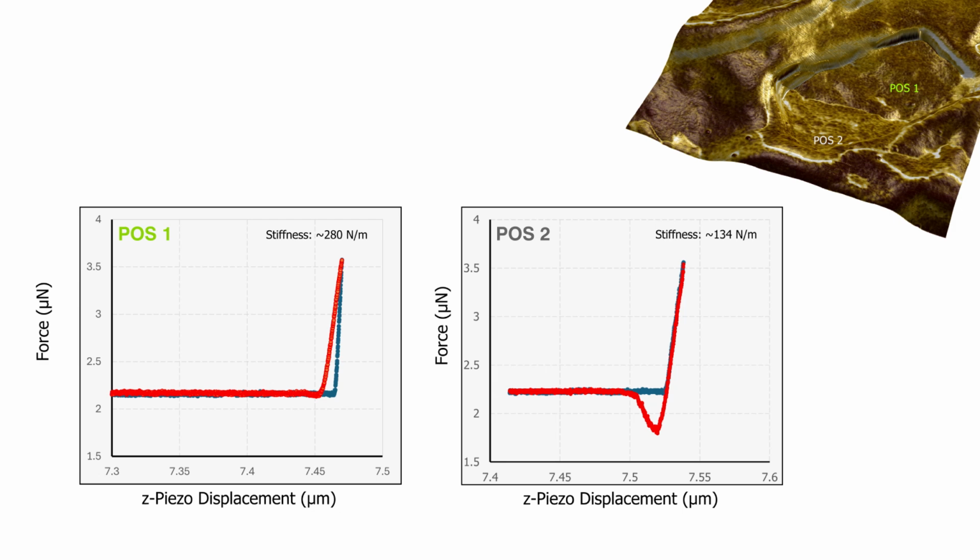The stiffness, which is a mechanical property of your sample, is different. Here we have another stiffness than on this spot. Without the FusionScope, I think it would be really hard to see exactly these kinds of properties.